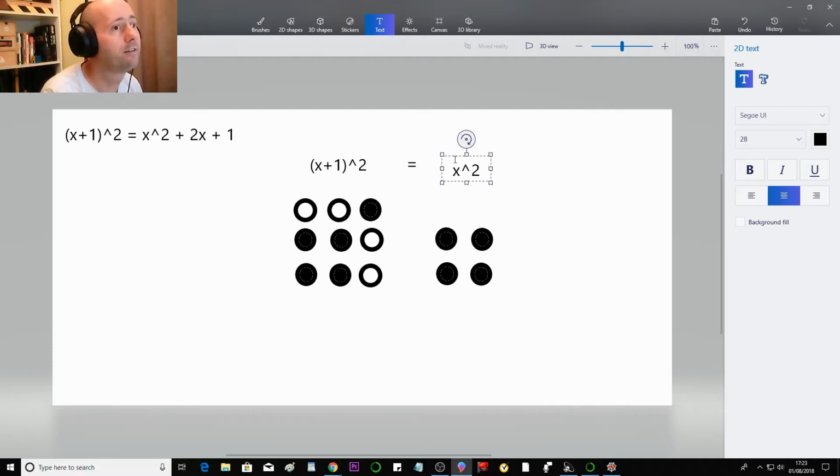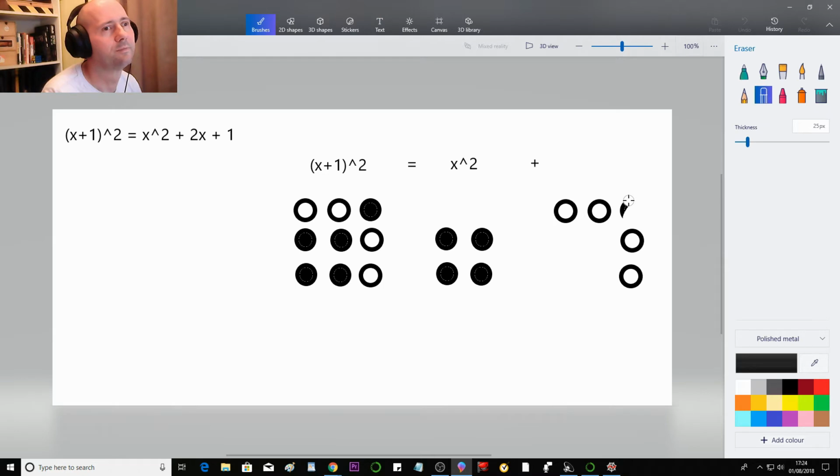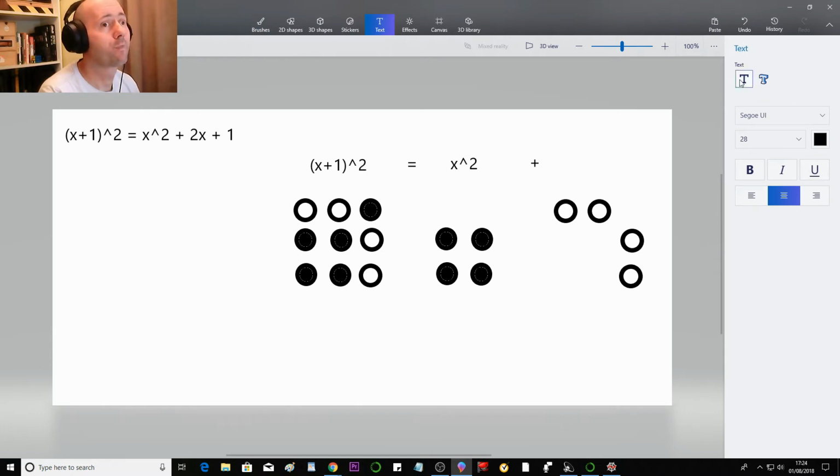Equals x squared. X plus 1 squared equals x squared plus 2x. Okay? X squared plus 2x.